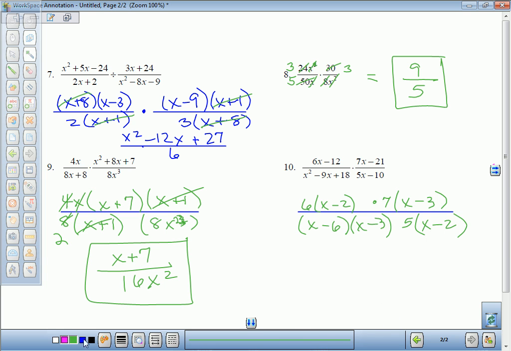All right, everything is factored. So once I factor, then I may simplify by canceling. And so I'm left with a 6 times 7, which is 42, over 5 times x minus 6, which is 5x minus 30.